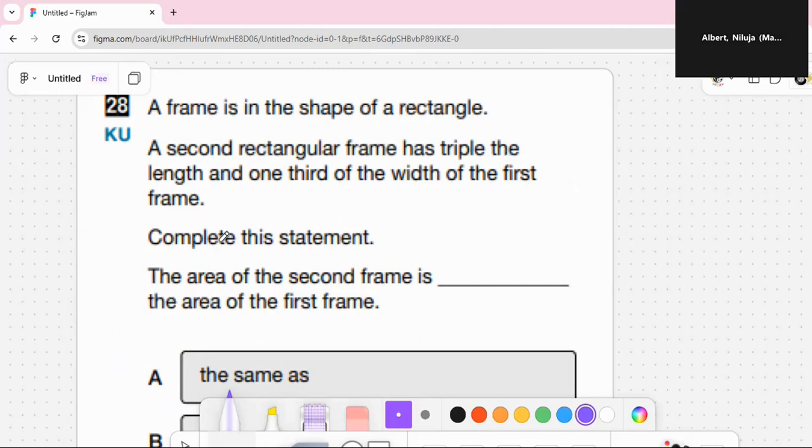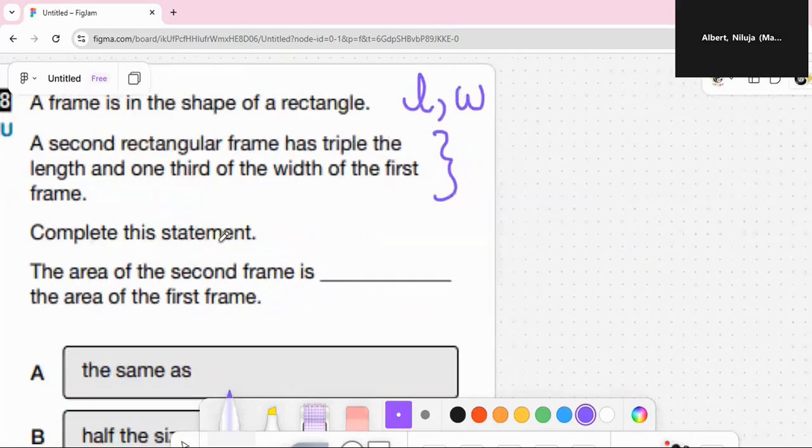So let's let the length of the first frame be represented by L, and the width of the first frame be represented by W. And what we're going to do is use algebra to translate the statement. So a second rectangular frame, so we'll call this area 2, has triple the length, so that would be 3L.